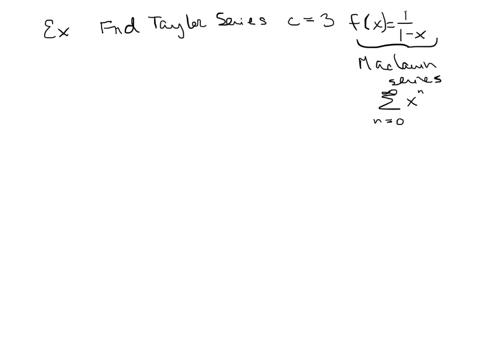All right, so we're going to use that, but it has to be centered at 3, and a Maclaurin series is centered at 0. And so we have to do this shift because what we want at the end of all of this is x minus 3 to the n. We want them to look like that.